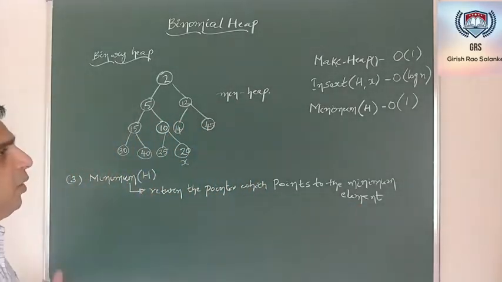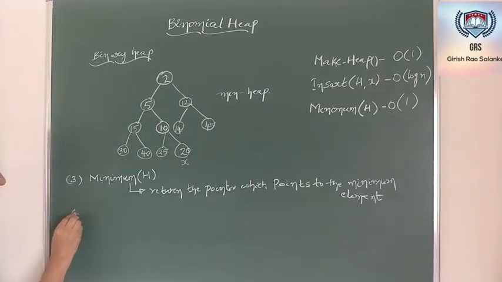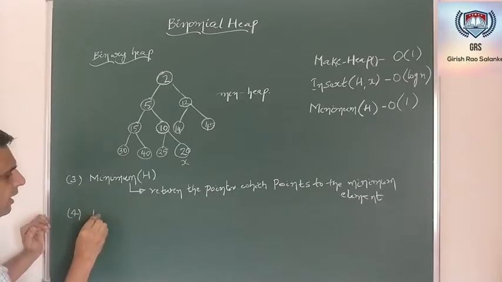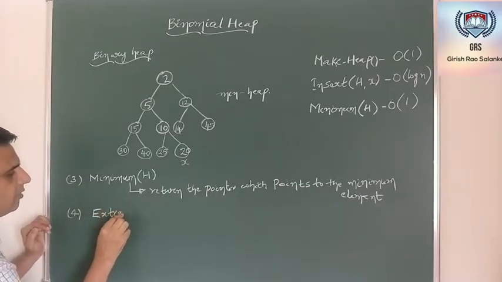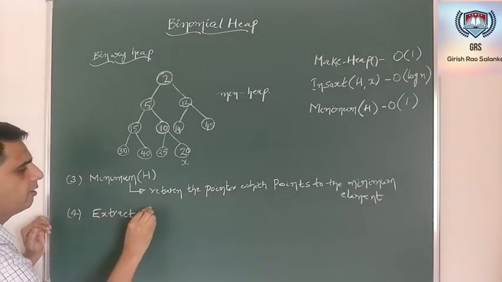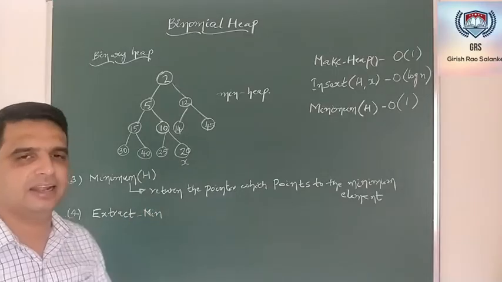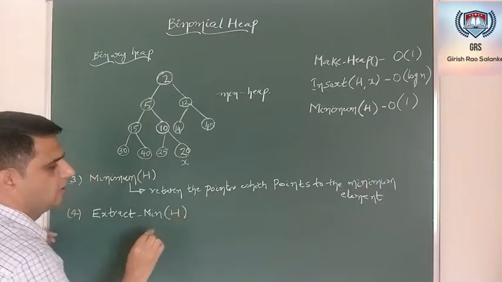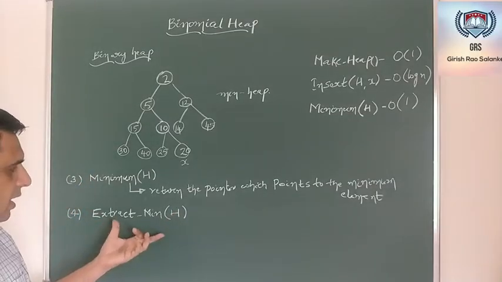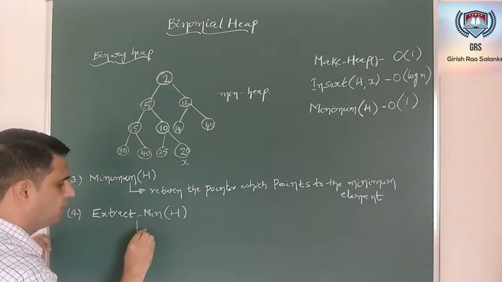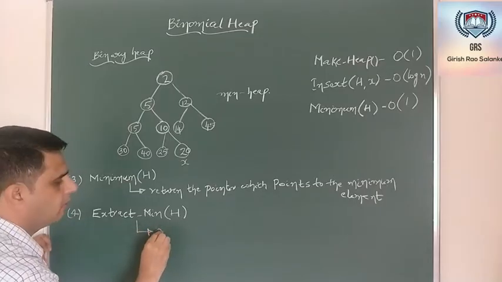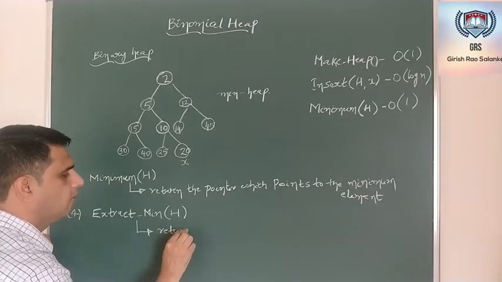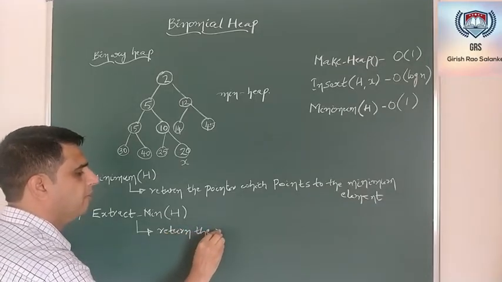Now let me go with one more operation. It's similar to minimum, but not quite the same. This is called extract min. Extract min on the heap h. Now what this operation should do is return the minimum element.